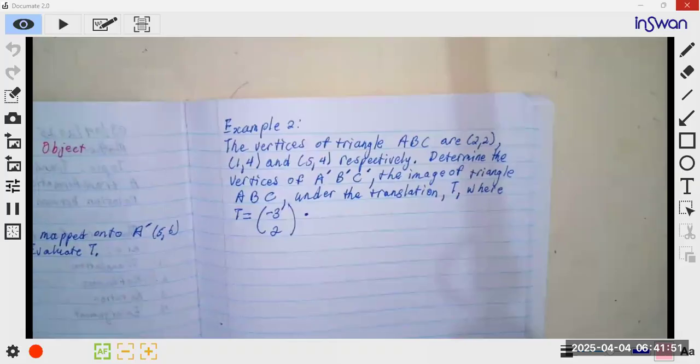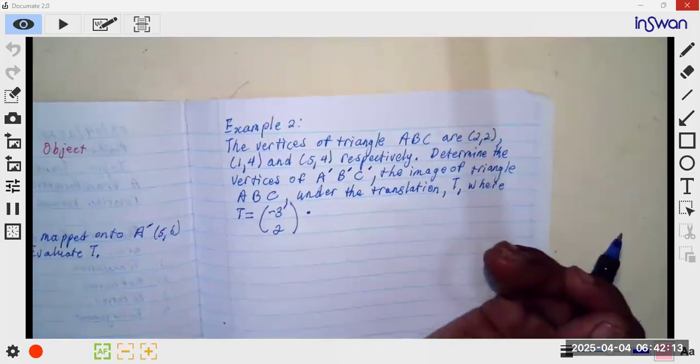All right, are you all ready? Yes, miss. So this is how you solve this. Here they want us to find the image given the object and the translation vector. All right? So this is what you're doing.